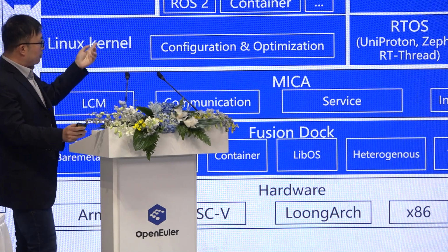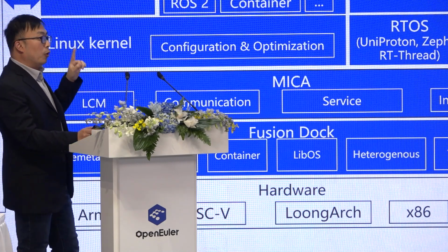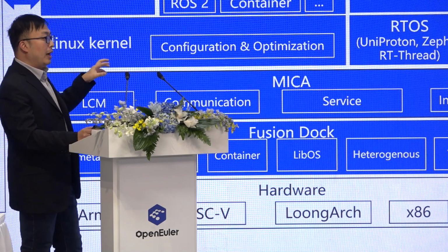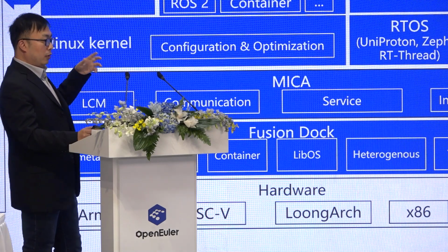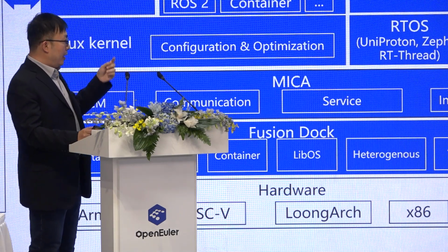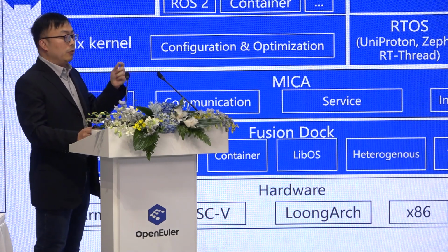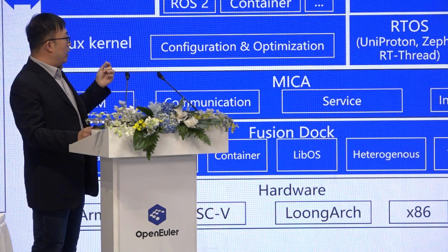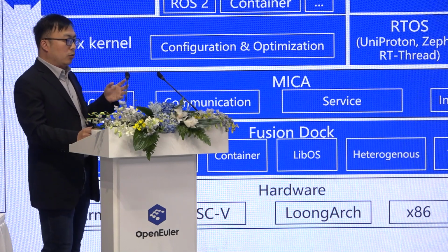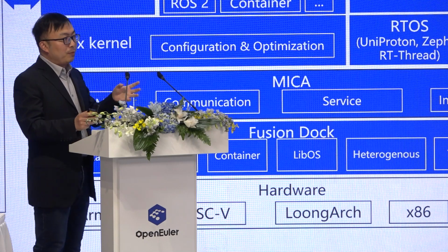For these applications, we are not owning one OS, it's a collection of OSes, with Linux for some complex functions. If you want some critical functions, you need a real-time operating system or even bare metal. And for the real-time operating system, we don't have a unique option. You can choose depending on your needs.